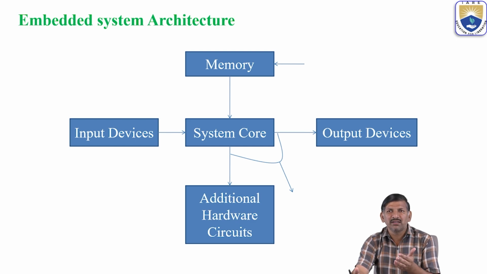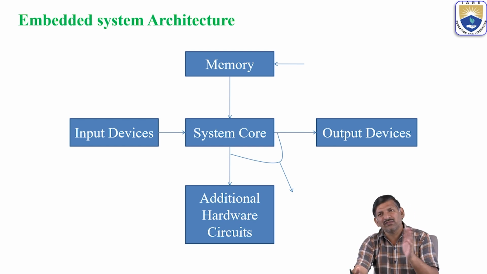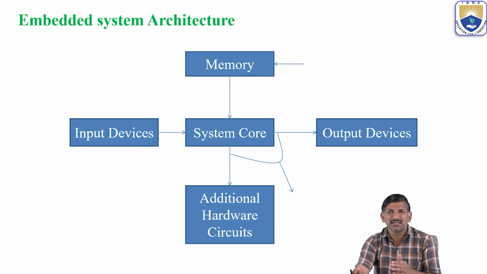For that we require an analog to digital converter. At the same time, after completion of the operation, the information is digital in nature, and it needs to be converted again into analog. For that, we require a digital to analog converter.